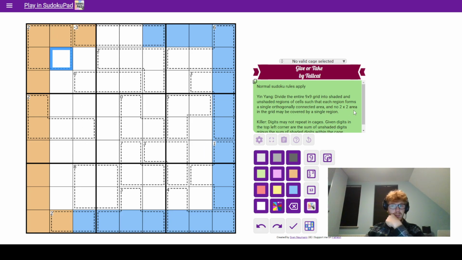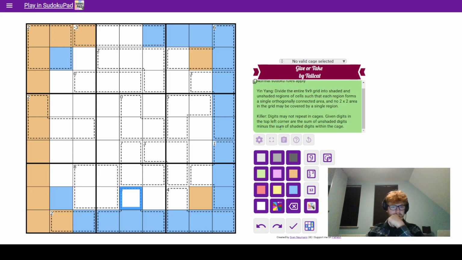Okay, well, we have to adhere by the 2 by 2 rule. So we can do this, we can do this, we can do this, and we can do this. Well, okay, so this has to be orange as well, because something minus the other thing has to be 1.